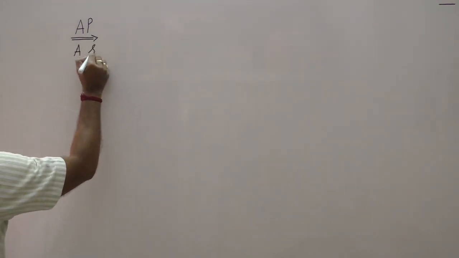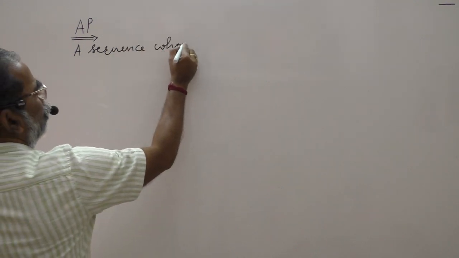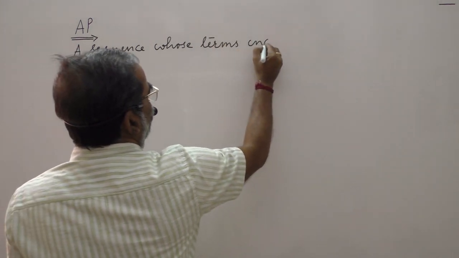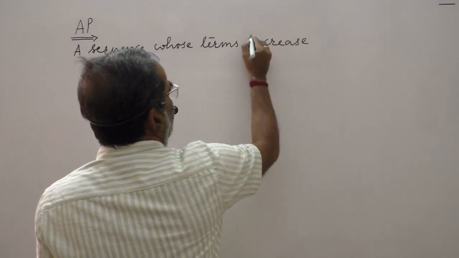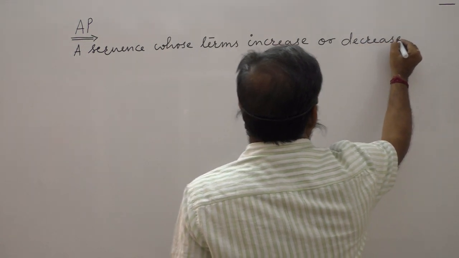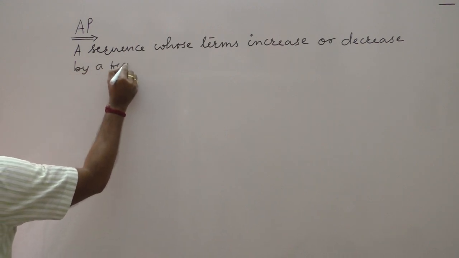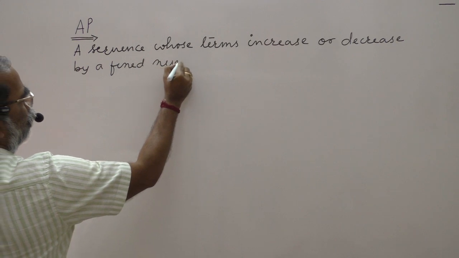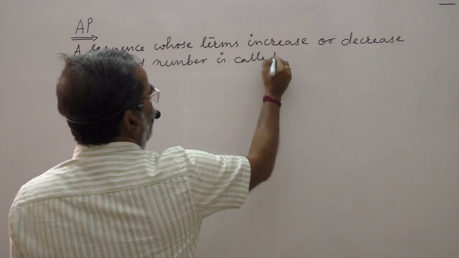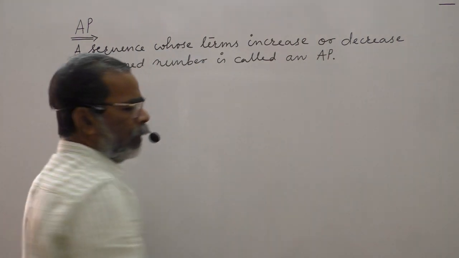A sequence whose terms increase or decrease by a fixed number is called an arithmetic progression, that is called an AP.